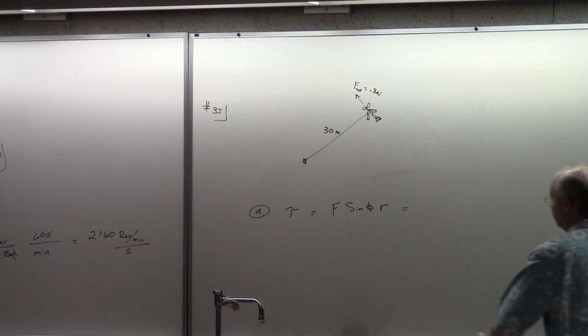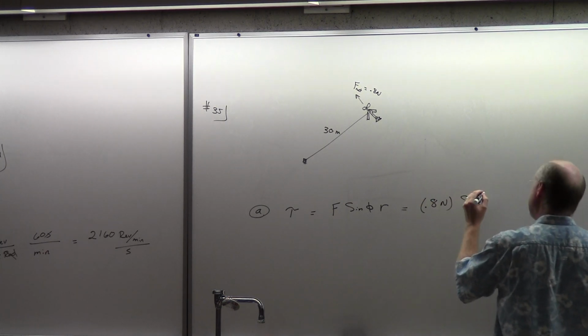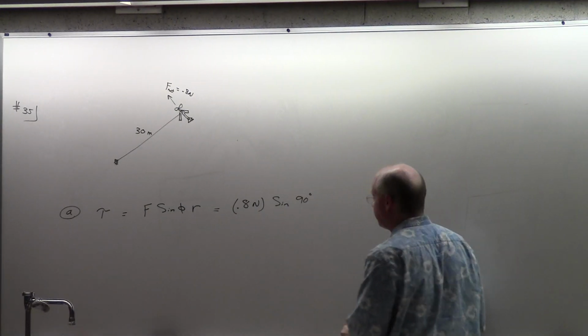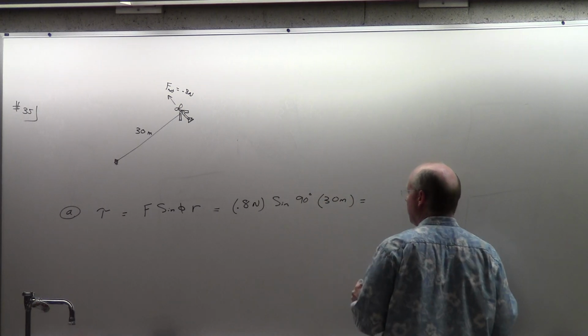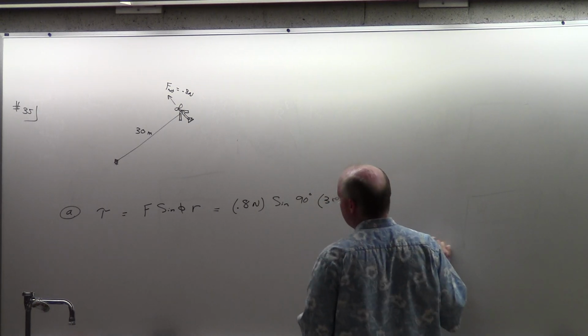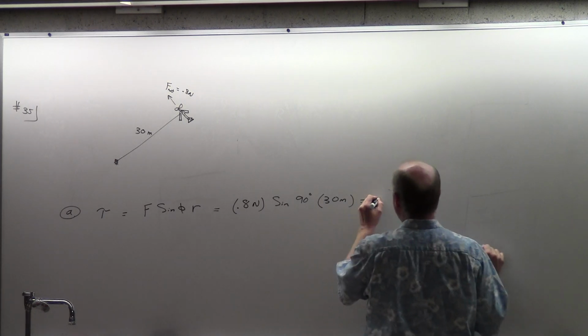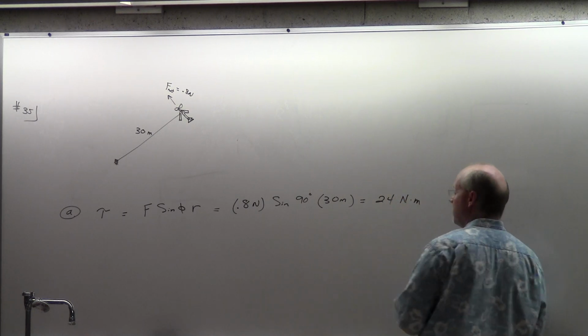So what's the net force? 0.8 newtons. What's the angle? 90 degrees. What's the distance? 30 meters. And so when we put all this together, 8 times 3 is 24 newton meters, right?